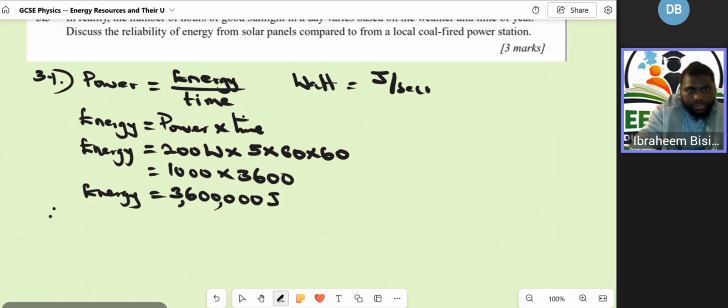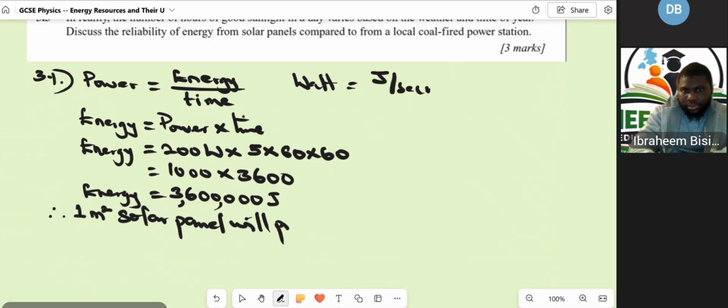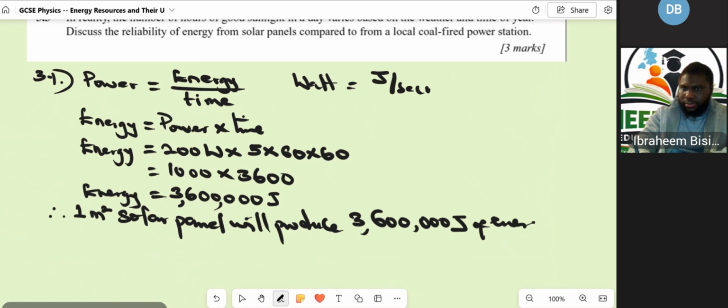Therefore, we can say from here that a 1 meter square solar panel will produce 3,600,000 joules of energy per day.